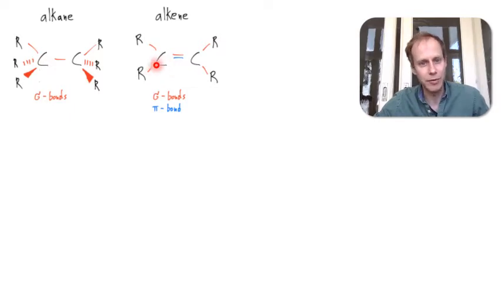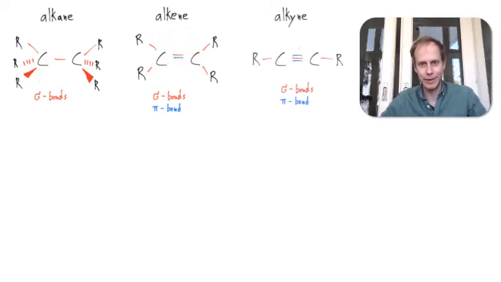So they can form three sigma bonds, but additionally one pi bond. The pi bond results from the p orbital of each carbon overlapping. The third candidate is an alkyne. An alkyne has per carbon only two sigma bonds and additionally two pi bonds.